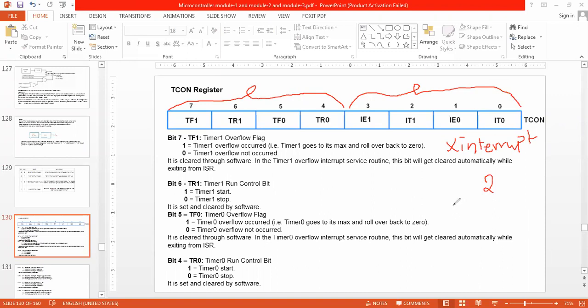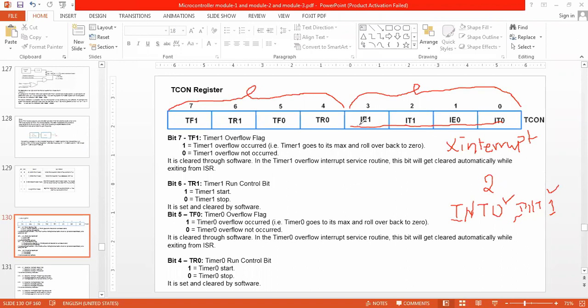Which are those? Interrupt INT0 and INT1. Okay, we have 2 interrupts. So these 4 bits are working to control the INT0 and INT1 pins.